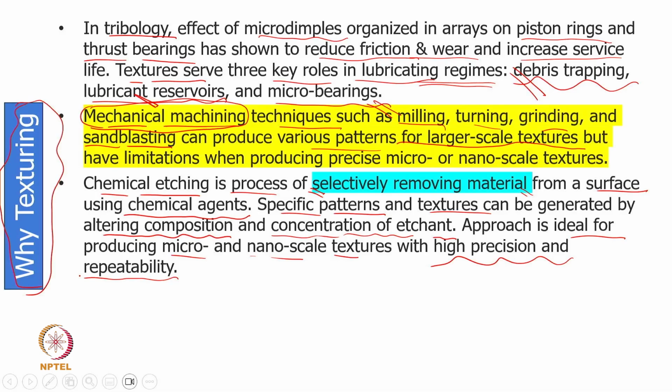However, whenever we do masking, whenever we selectively remove material, there will be some deviation at the surfaces. So, if somebody says it is a very good surface, I will not count on that. We may require post processing after that also.